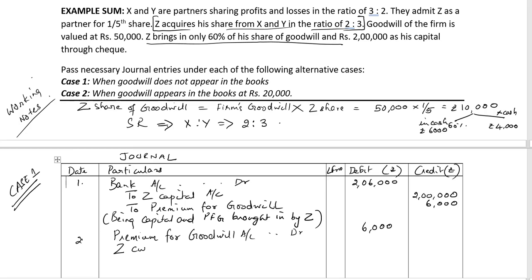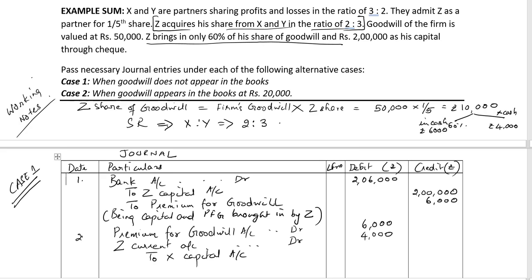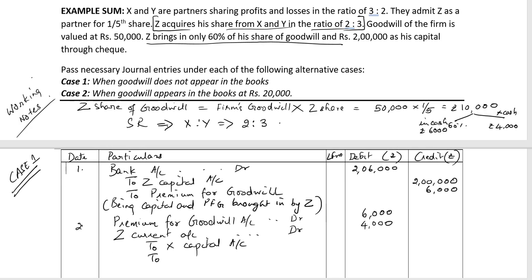I will debit Z's current account for the balance rupees 4,000 and credit the sacrificing partners in their sacrificing ratio 2:3. So total 10,000 is credited in 2:3 sacrificing ratio.